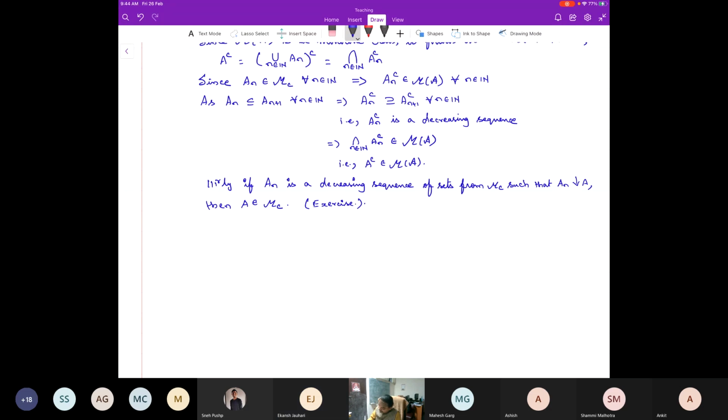Exactly. So thus M_C is a monotone class containing A and hence contains M_A.